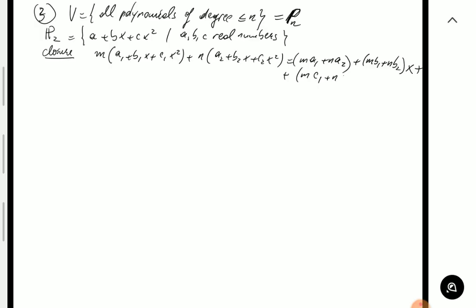So it's not hard to see that you end up with a polynomial of degree less than or equal to 2.